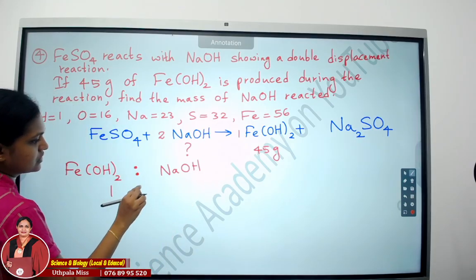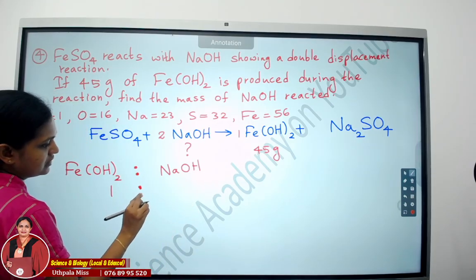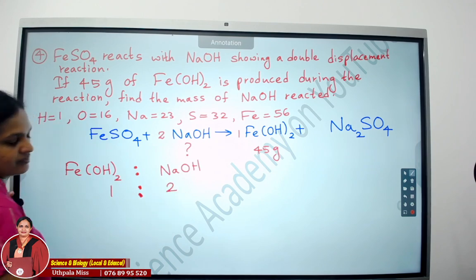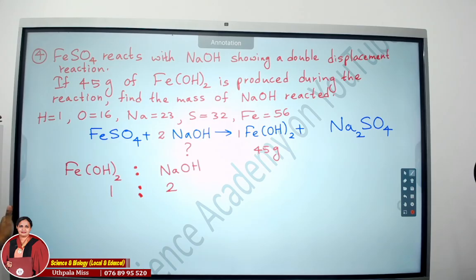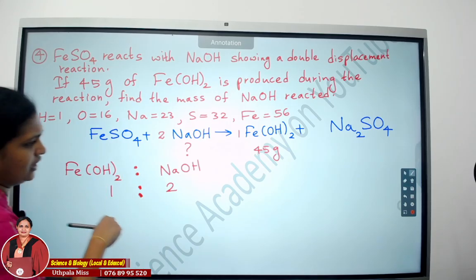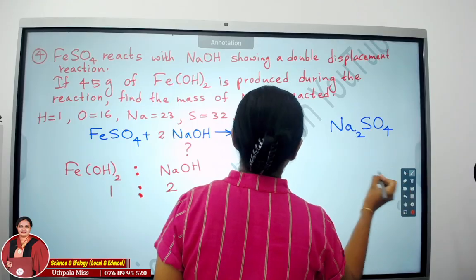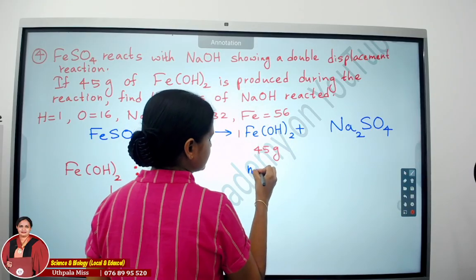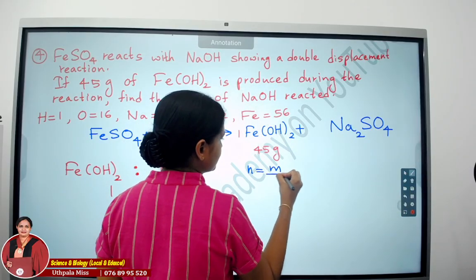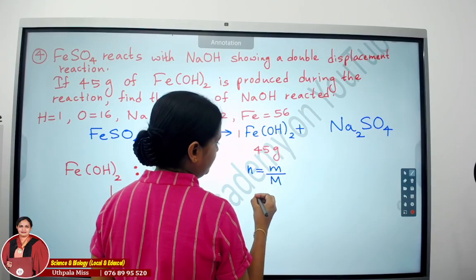එහෙනම් 1:2. Right? 1:2 is the molar ratio. හරි. Then we have to find the number of moles. For ferrous hydroxide I write number of moles equals mass divided by molar mass.